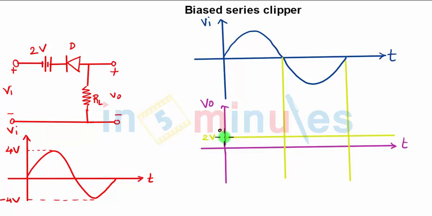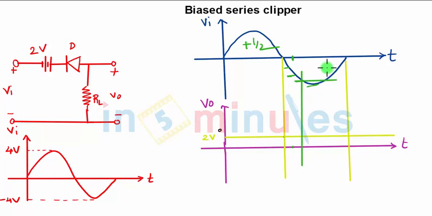In the positive half cycle you are not getting any output. In the negative half cycle also, suppose this is minus 1, minus 2, minus 3, minus 4. After minus 2 you get the output. When you draw it on both sides, you will get this point over here.